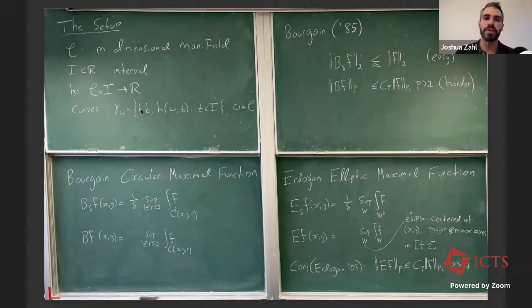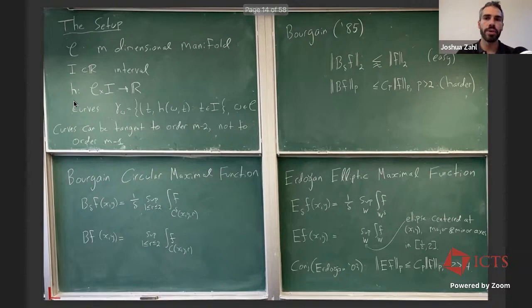So these are going to be the graph (t, h(omega, t)), where t is in this interval and omega is a point in my manifold. So you can think of h as being some sort of function that parameterizes the various curves in my family of curves. I'll come to some examples in a moment, but this is a definition which is trying to capture circles, or at least pieces of circles, line segments, ellipses, and so on.